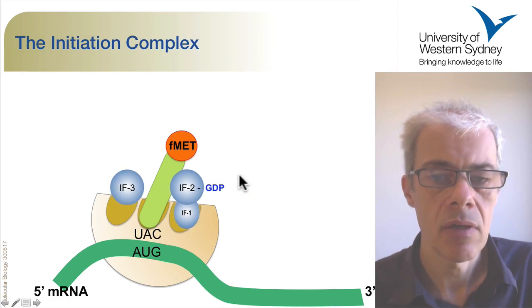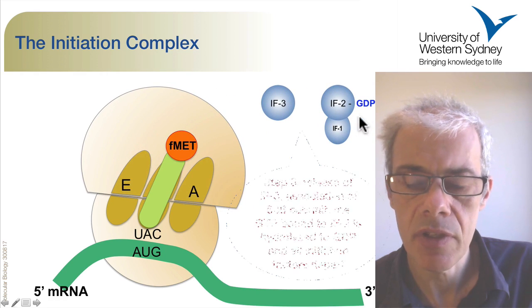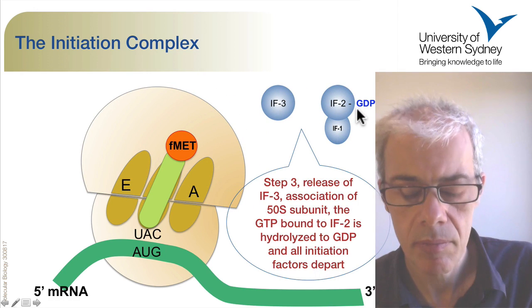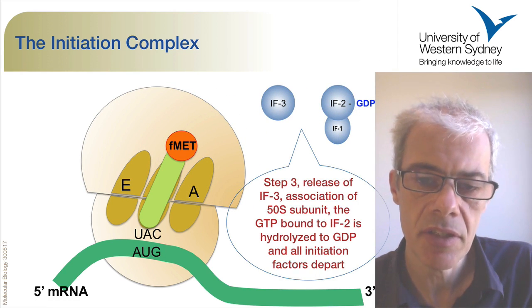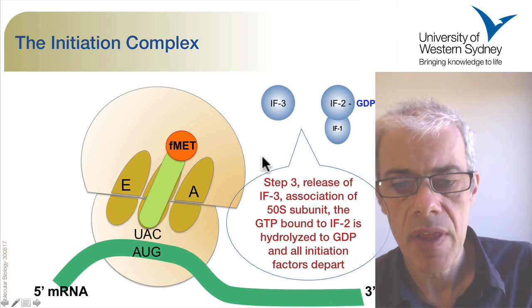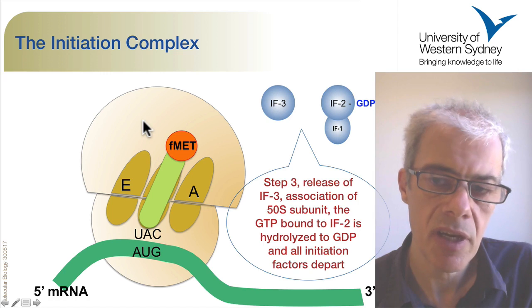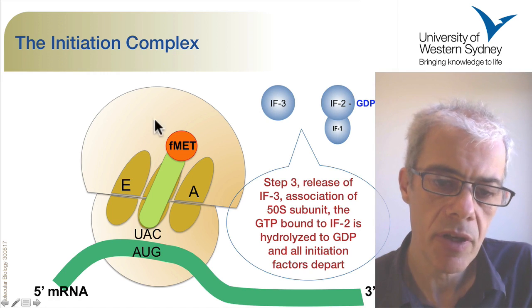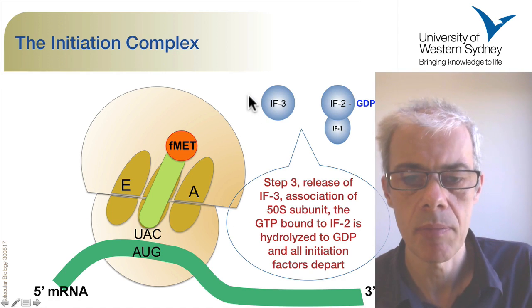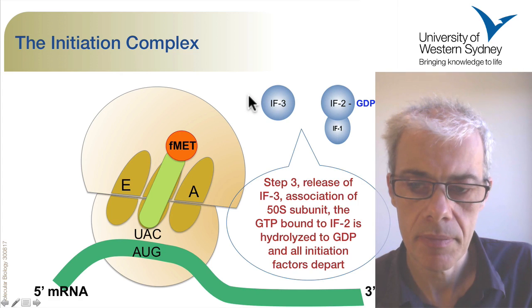And then there's a hydrolysis of the GTP, which is an energy-dependent step, which then signals to the cell that it's ready for the larger ribosome to come in, and then the large subunit comes in and forms this complex.